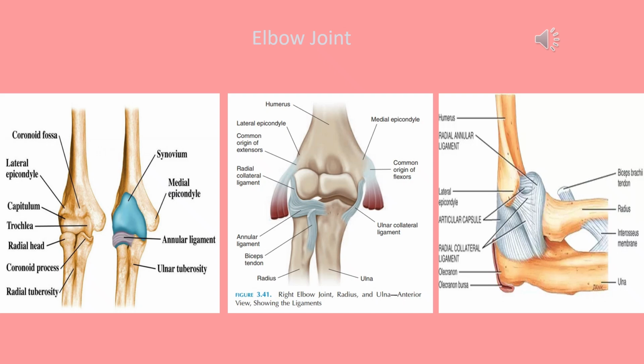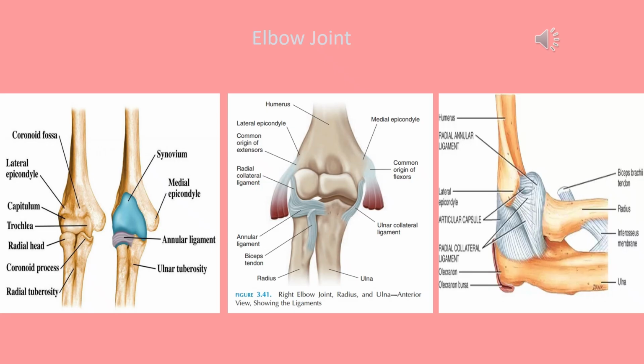On the medial side, attaching the medial epicondyle of the humerus to the ulna, that is the ulnar collateral ligament, and then running across from the radius to the ulna, that is the annular ligament. So those are the three principal ligaments involved in holding the elbow joint together.